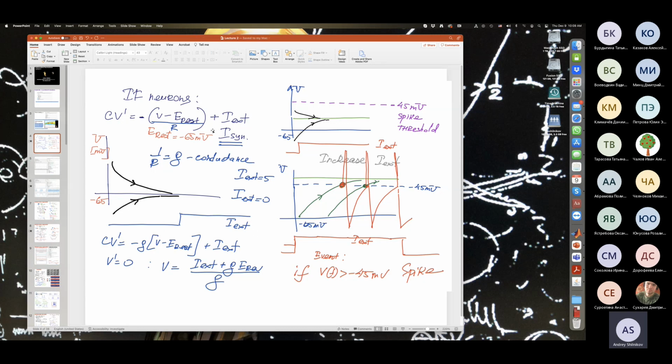But anyway, it's a good starting point. And today we're going to migrate to some more accurate Hodgkin-Huxley type models of cells, plus what are called phenomenological models. I'll give you some history of that.